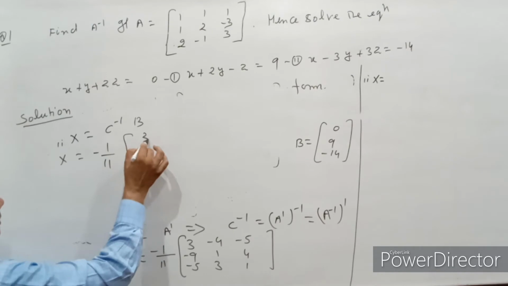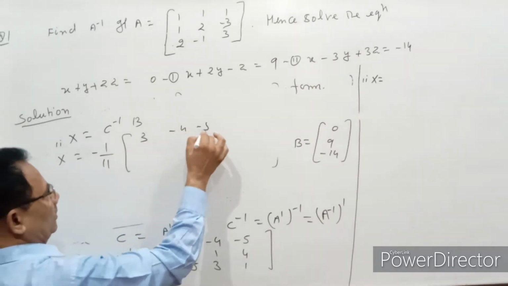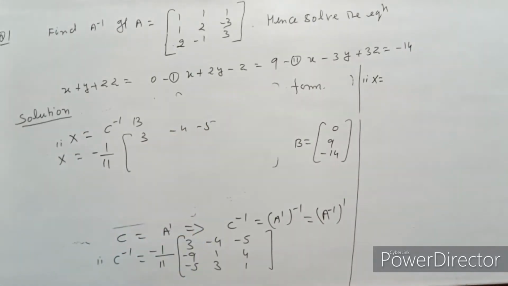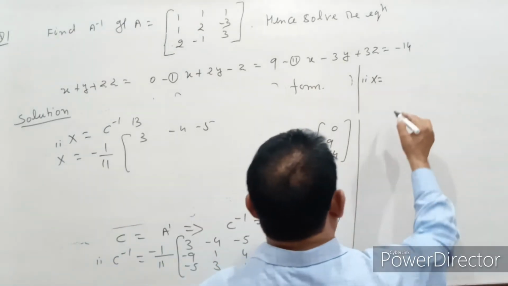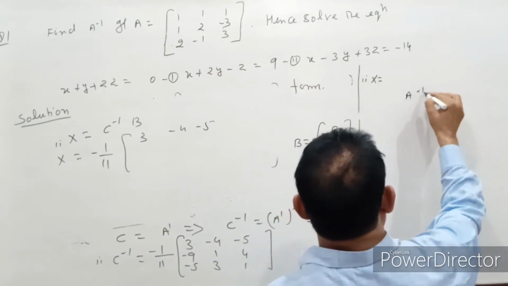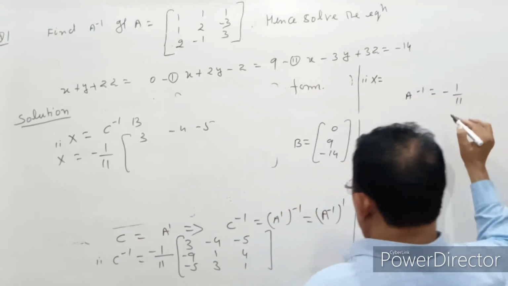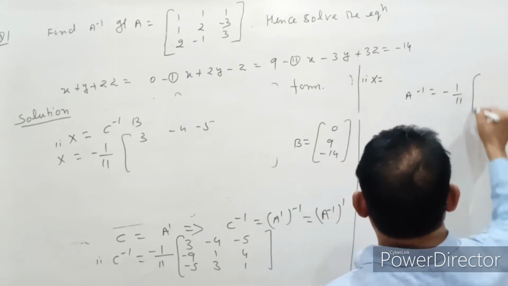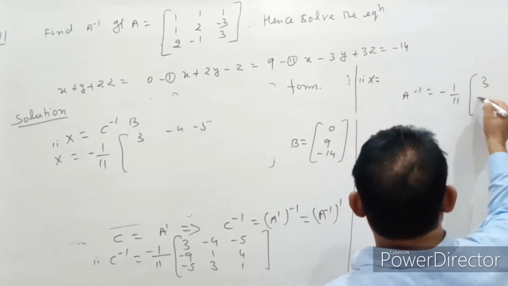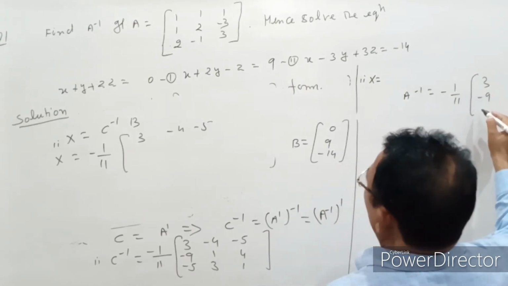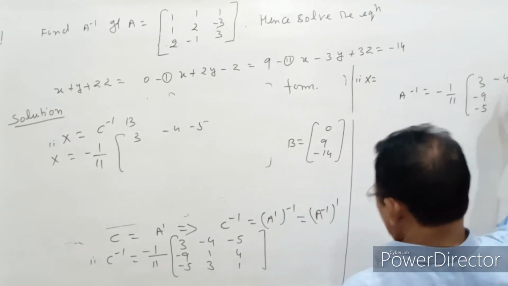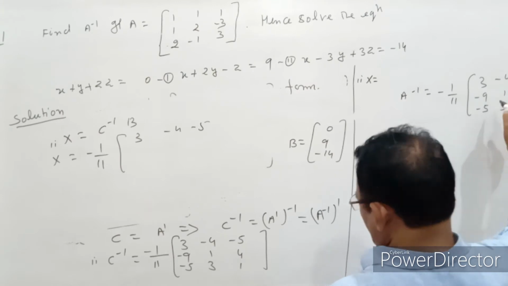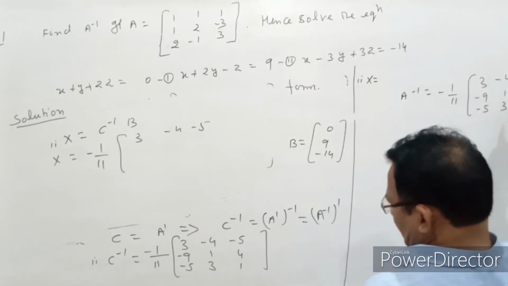into 3 minus 4 minus 5, and here we take the transpose, sorry, here we take the A inverse. A inverse is equal to minus 1 by 11, that is 3 minus 9 minus 5, minus 4 1 3 minus 5.